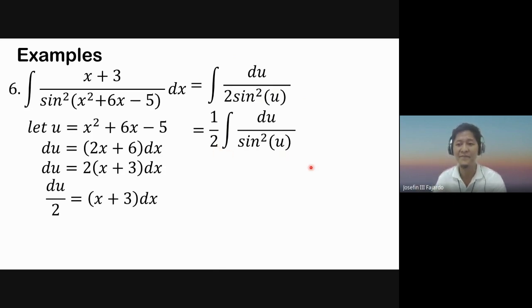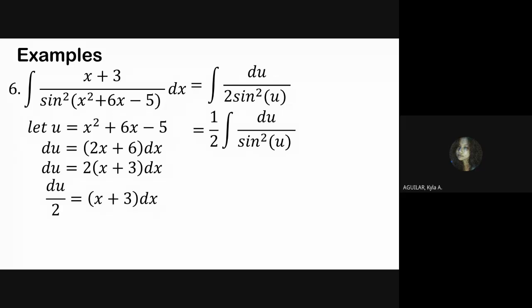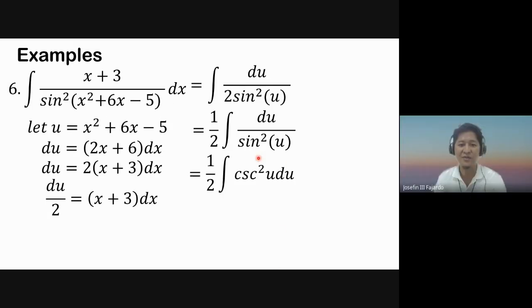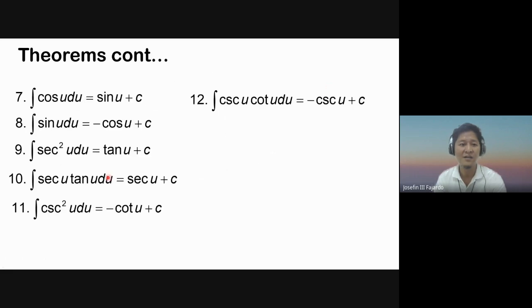Okay, and then 1 over sine squared is, or 1 over sine, what is 1 over sine u? Cosecant po. Okay, so this is cosecant squared u, di ba? And then the integral of cosecant squared u du is negative cotangent u.